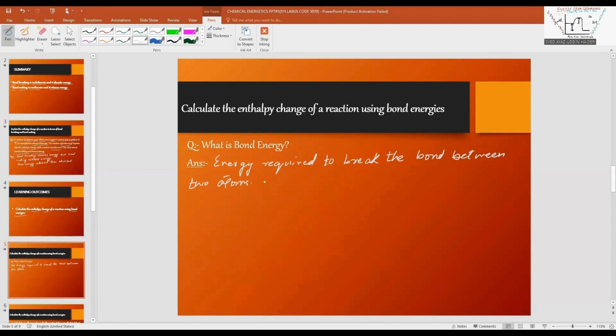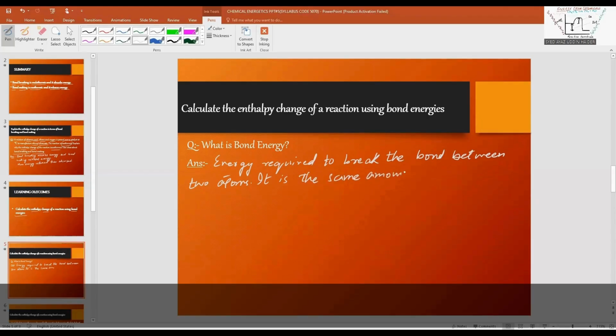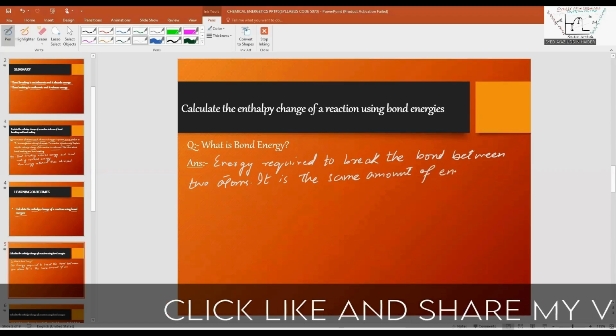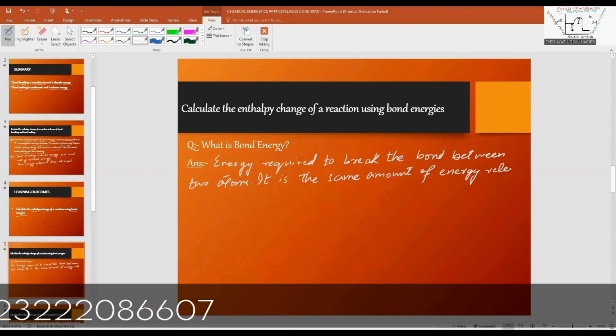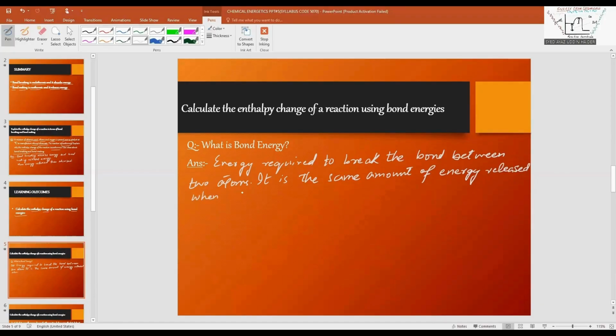It's the same amount of energy released when bond is made between these two atoms.